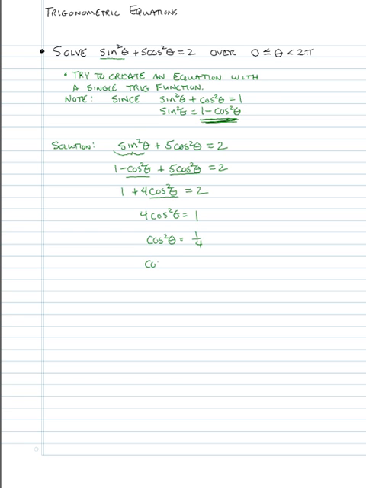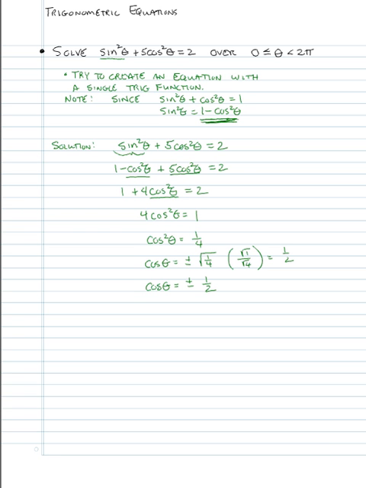And so cosine of theta would be plus or minus the square root of 1 over 4. But the square root of 1 over 4 is the same as the square root of 1 over the square root of 4, isn't it? And that ends up being, of course, 1/2. So we have the cosine of theta is equal to plus or minus 1/2.